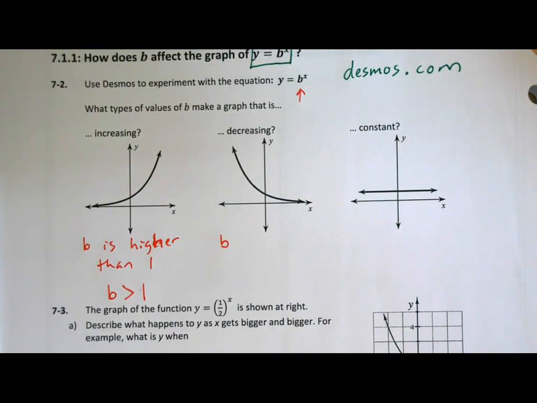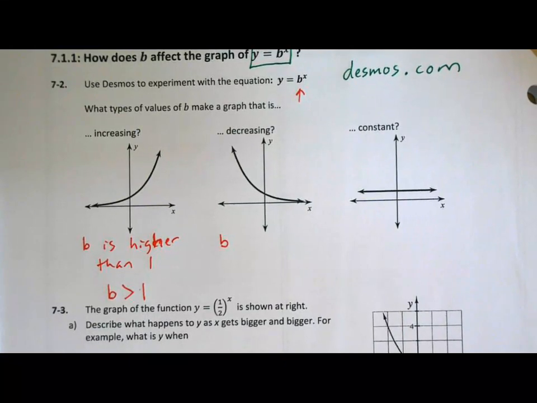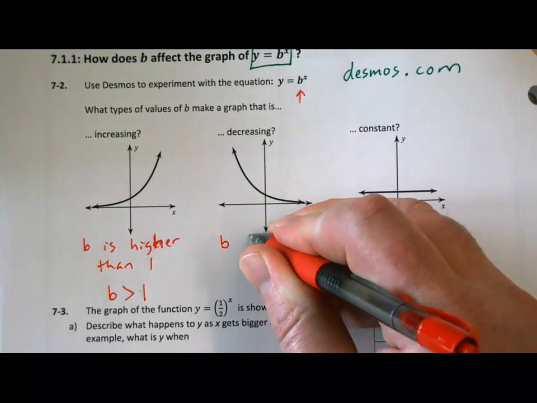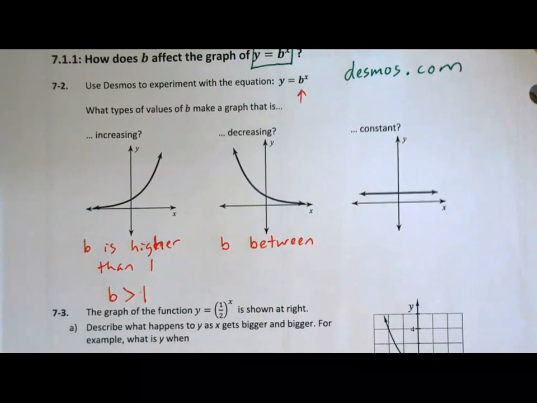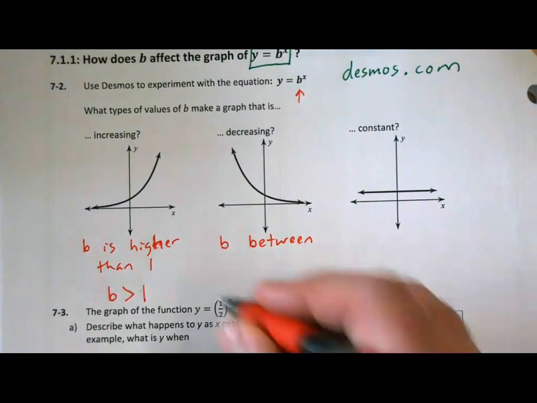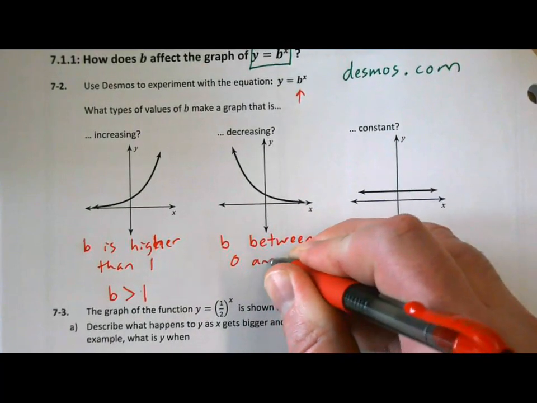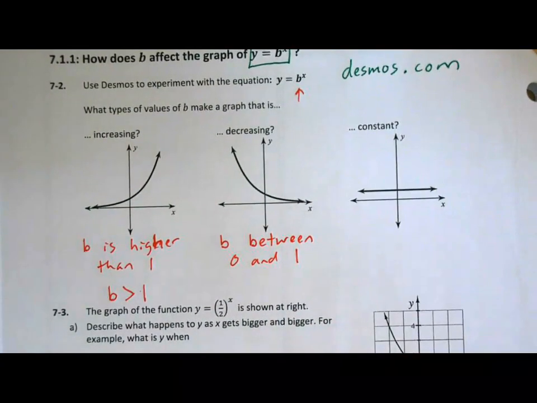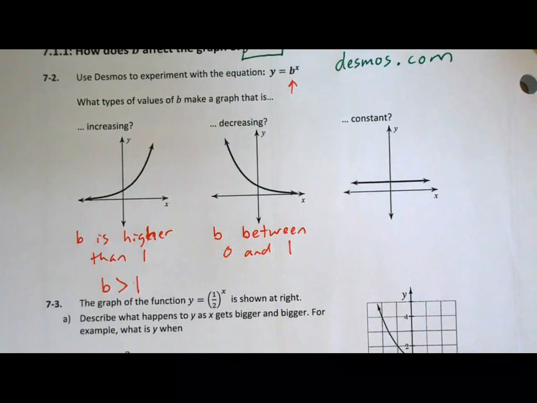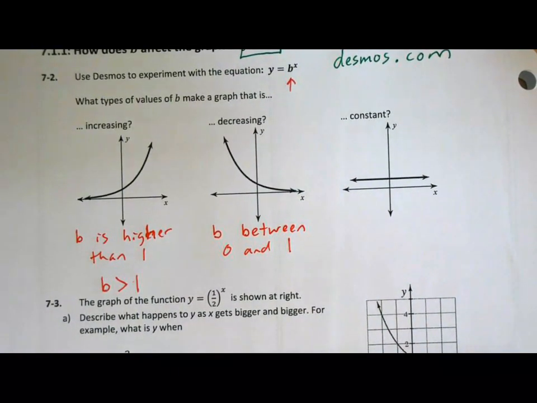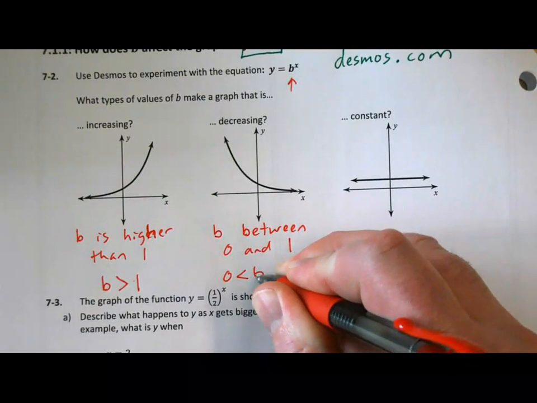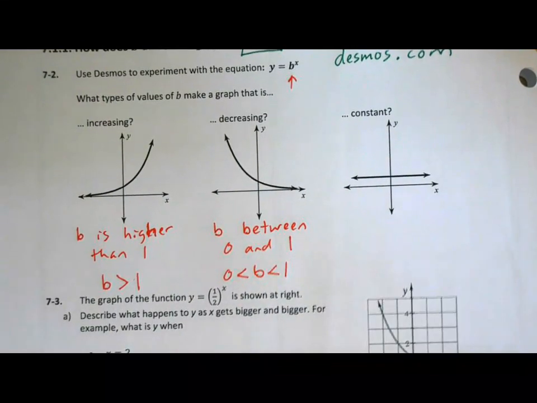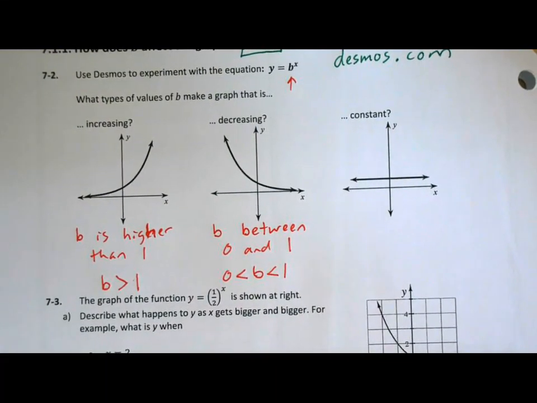Positive numbers under 1, I like that. There's lots of different ways to write this. I'm going to write it this way: b is between 0 and 1. If I wanted to write that using this kind of notation, it would look like this. But as long as you can give me the words, it's between 0 and 1, that's fine.